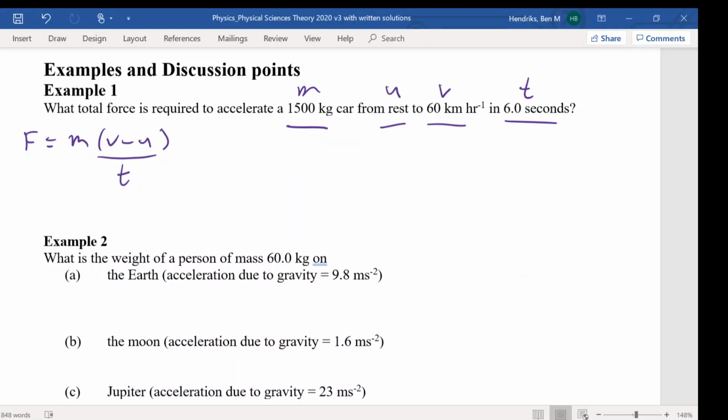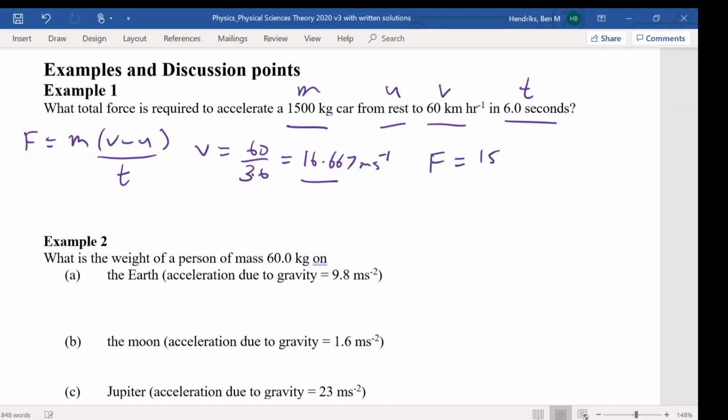Just remembering that we need to convert 60 kilometers an hour into meters per second. So v is equal to 60 over 3.6, which is equal to 16.667 meters per second. The more decimal places you go to, the more accurate it is going to be. Now we can put everything else into our equation.